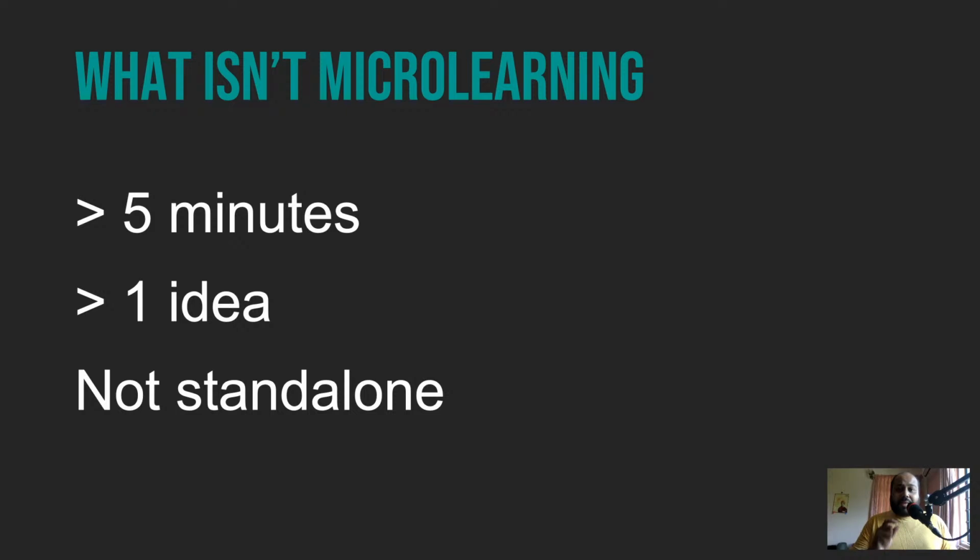It should be a single self-explanatory piece with one idea or concept that doesn't require any scaffolding by another piece of learning, and it shouldn't lead into another learning. It should act as an individual element. That is very important when it comes to defining a micro learning. These are some of the things that I feel are really important to remember when you are conceptualizing and designing a micro learning module, right?